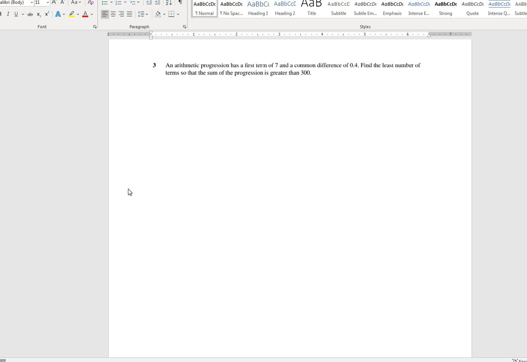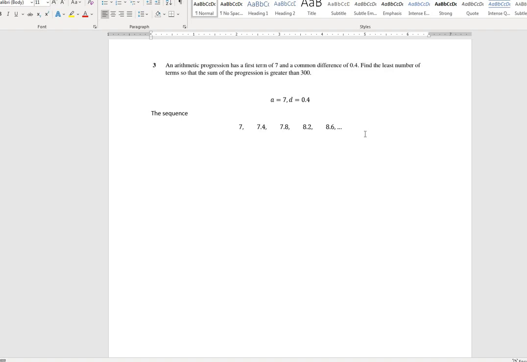So when we read out the question, we identify a as 7, the first term, and the difference is 0.4. So the sequence will be like 7, and then 7.4, 7.8, 8.2, 8.6, 9, 9.4, and so on.